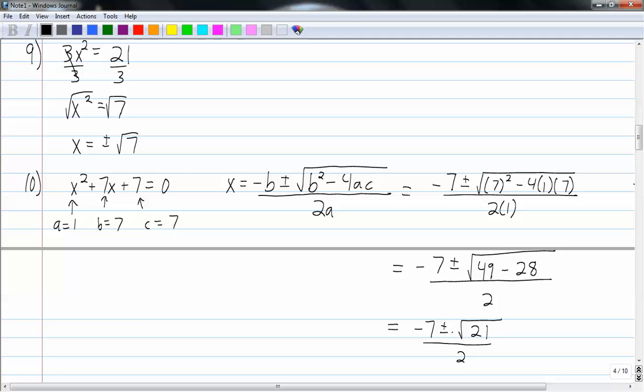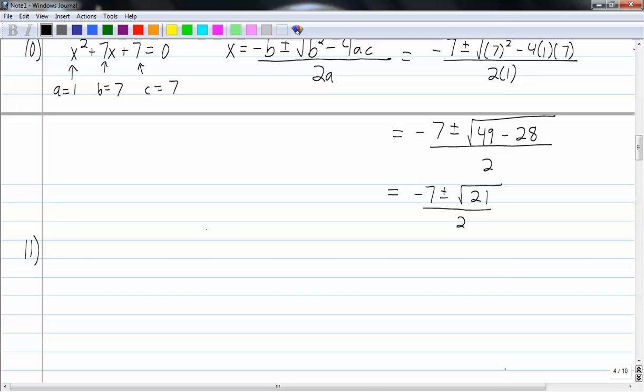Now, you want to see if you can simplify, and the way you can simplify something like this is if you can divide the same number into 2, negative 7, and what's in front of the radical, which is 1. If you could divide the same number in all three of those, you could simplify. You can see there's nothing in front of the square root, so that's my answer. Negative 7 plus the square root of 21 over 2, and negative 7 minus the square root of 21 over 2.